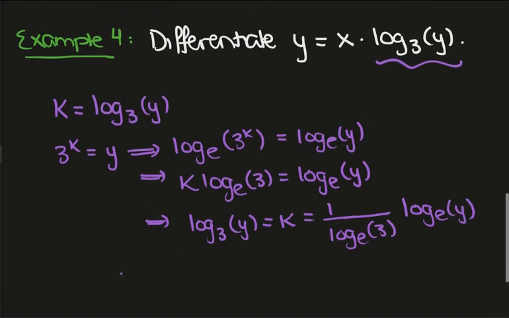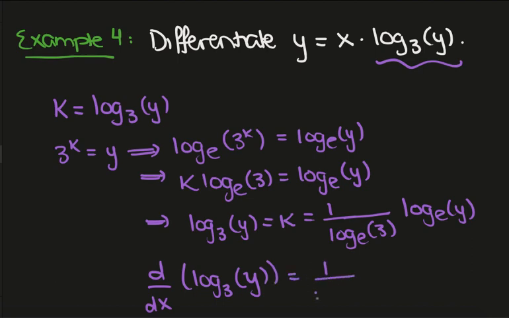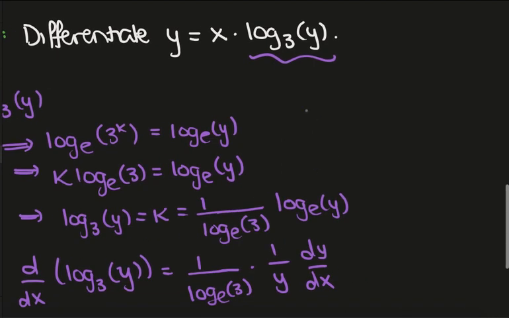So in particular, let's do the derivative with respect to x. The derivative of log 3 y is 1 over log e 3, which is just a constant, times 1 over y dy dx.